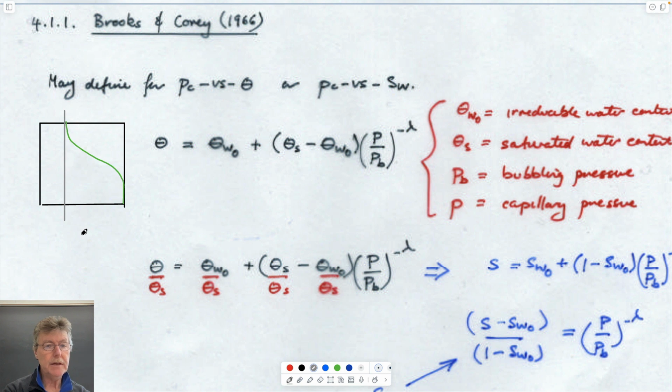If this were saturation of water, this would be 0, this would be 1. If this was the volumetric moisture content, then this would also be 0, but this would be porosity, the maximum magnitude of volume filled divided by the total.